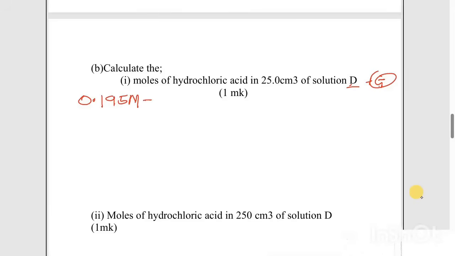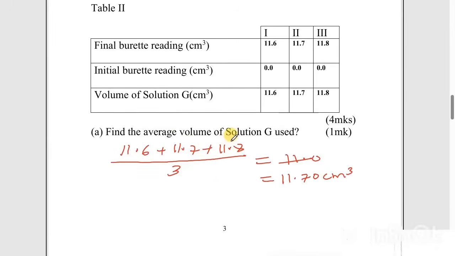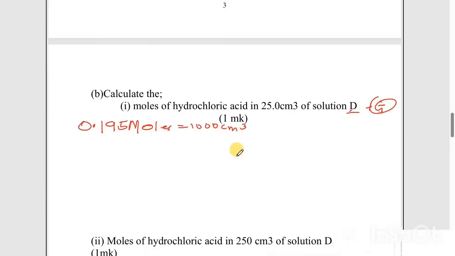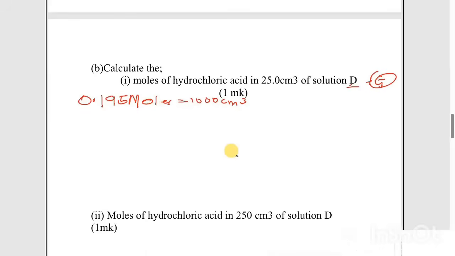So this means these are the number of moles in 1000 centimeters cube. So we will find out the volume that was used. Sodium hydroxide is the solution that was in the burette. Therefore, the volume here is for sodium hydroxide. We will find out 11.7 centimeters cube will contain how many moles? 11.7 times 0.195 divided by 1000.